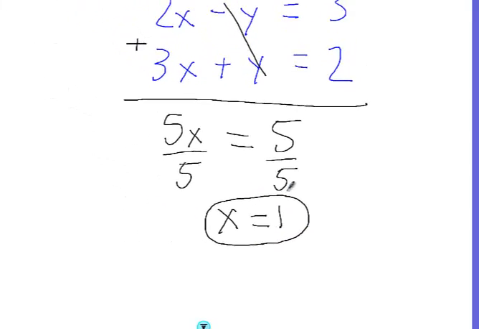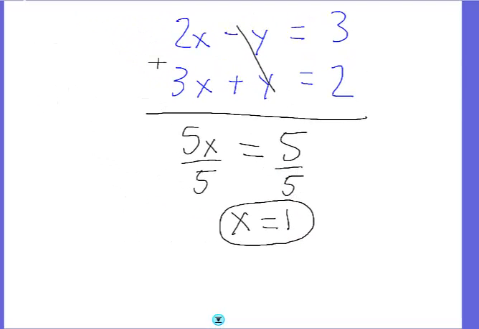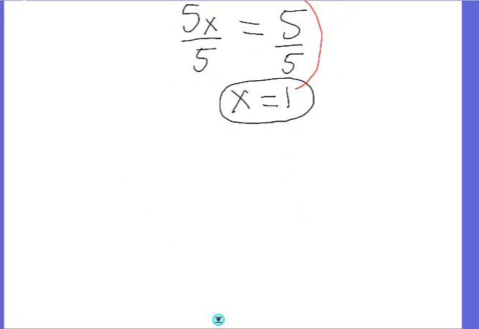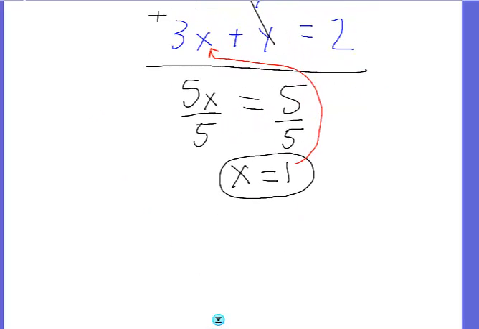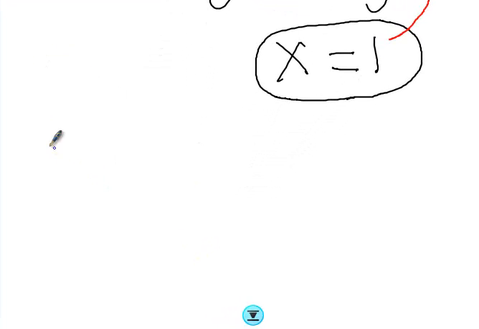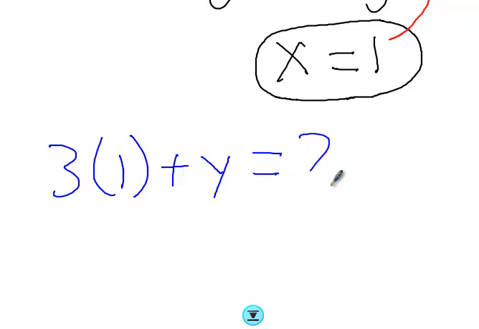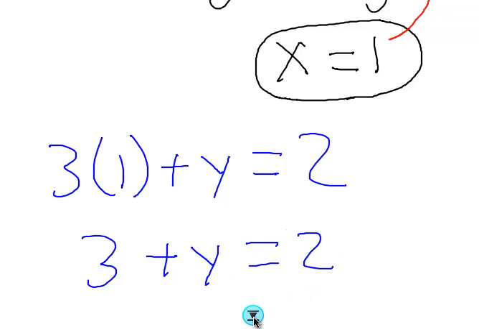Okay. Now, once you find your first variable, the same concept of using substitution comes back into play because we can take this 1 and substitute it into either of our equations. I'm going to substitute it into the second one just because it was on the bottom, it was closer to the arrow. So when I rewrite the equation, it becomes 3 times 1 plus y equals 2. 3 plus y equals 2.